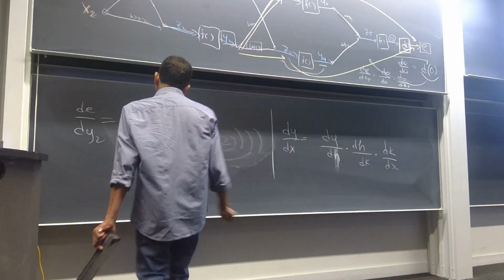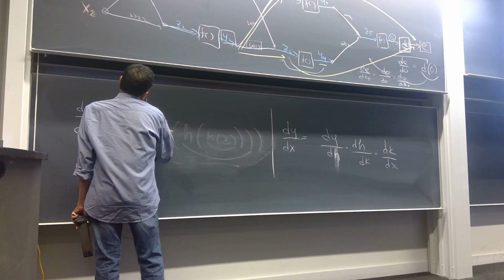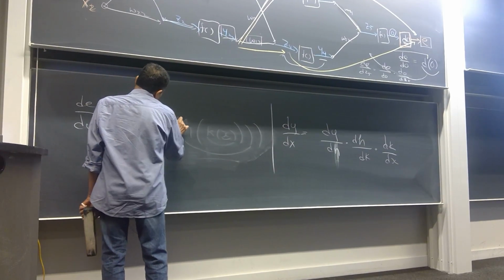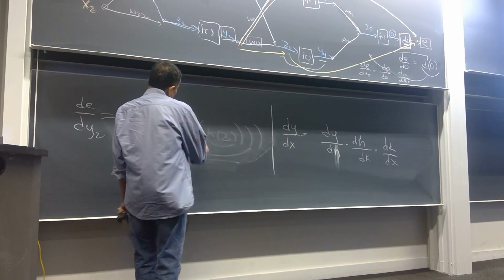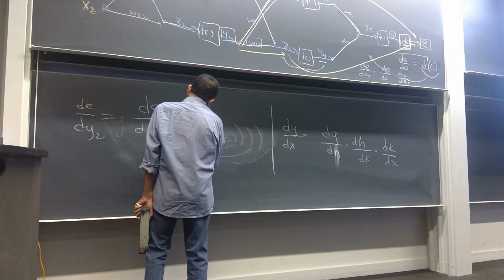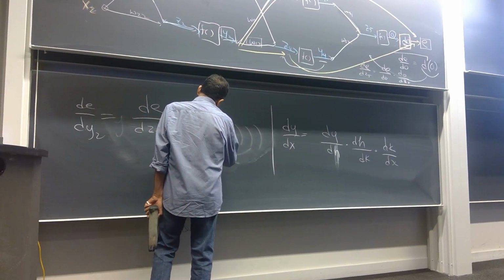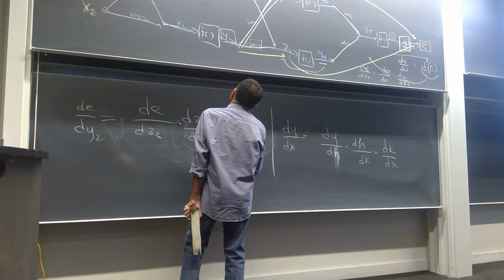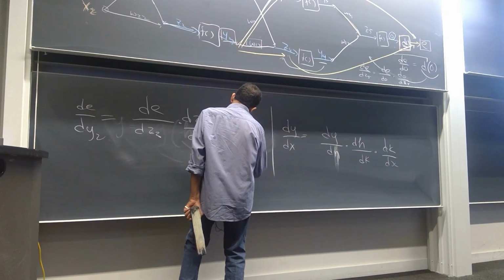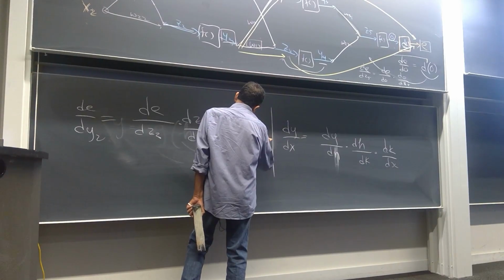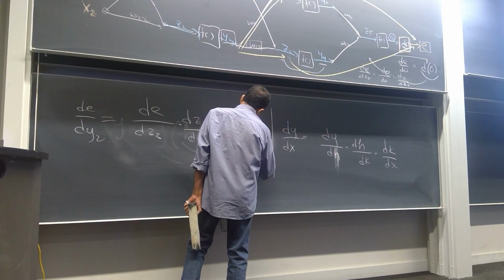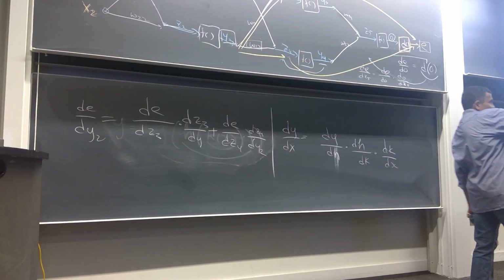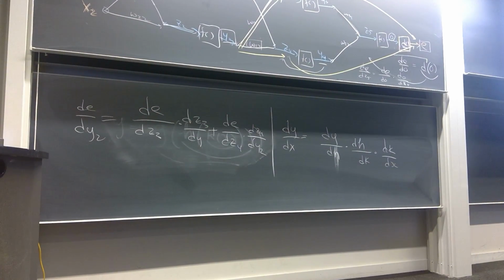So that's going to be dE over dz3 times dz3 over dy2 plus dE over dz4 times dz4 over dy2. Make sense? Right? I'm just following the complete chain of connections over here.